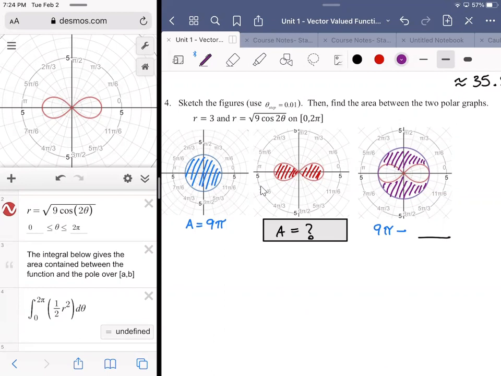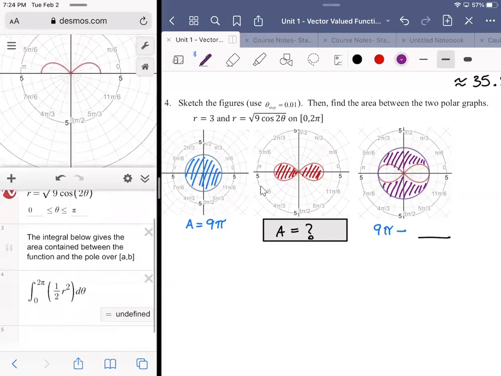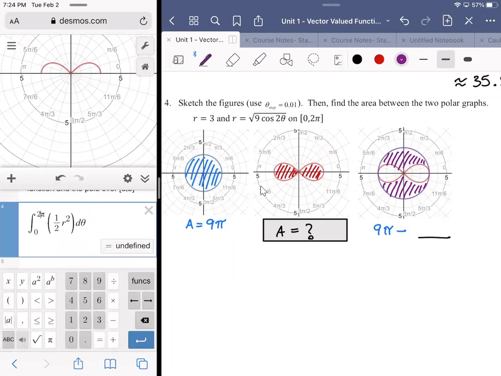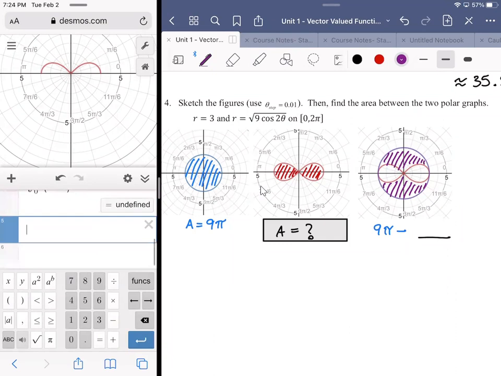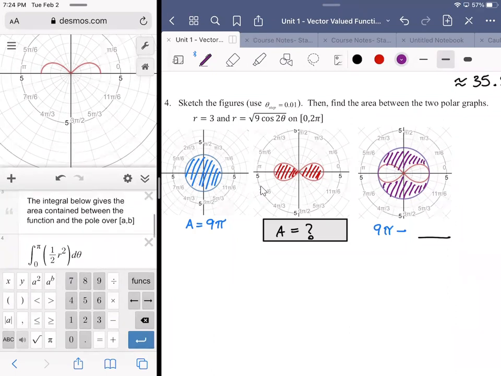Okay, well, what if I only went to, let's say, pi? Well, I only grabbed half of it, say the top half. Still says undefined for the area. Oh, well, it's actually going to pi, 2 pi. But I adjust it so it goes to pi, and it still gives me undefined. All right.